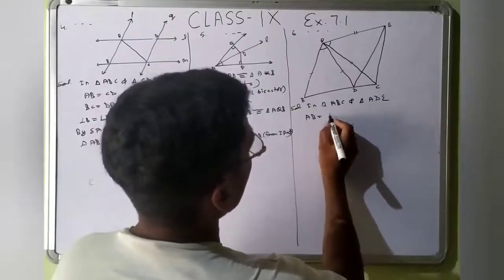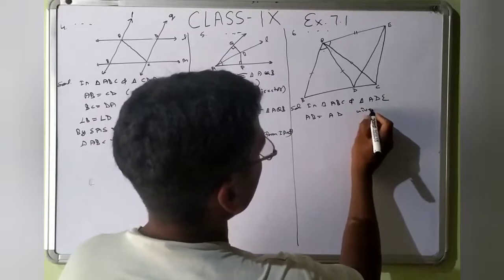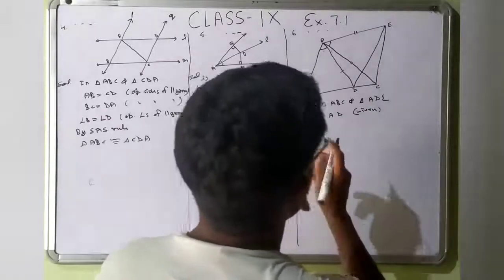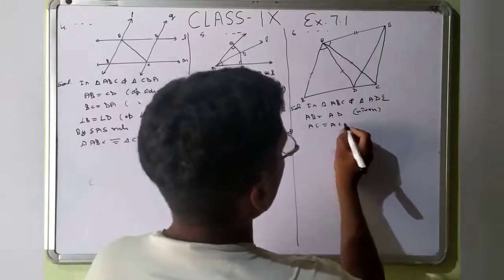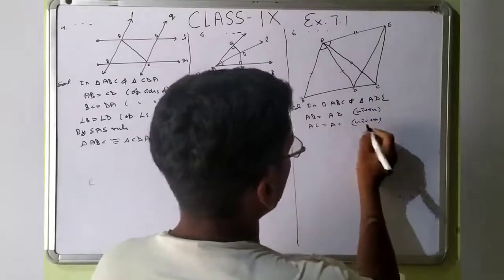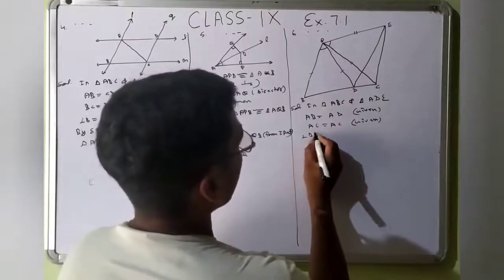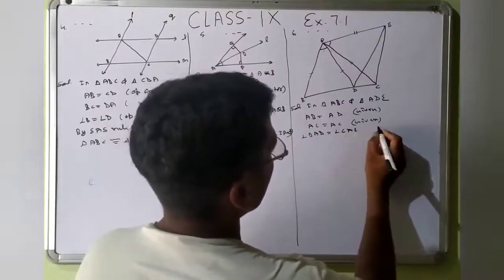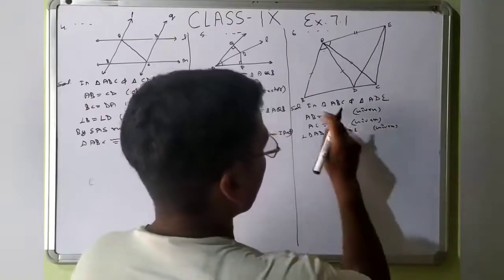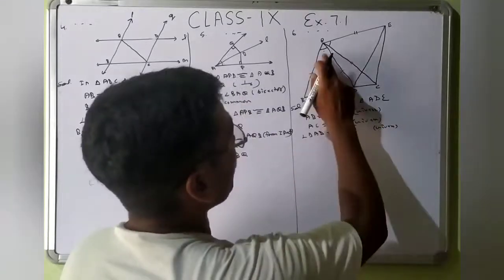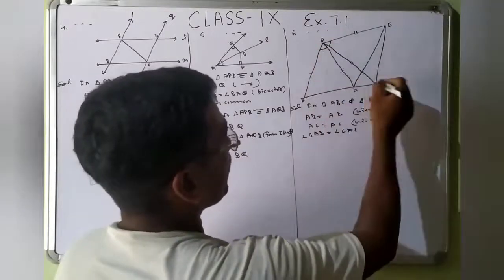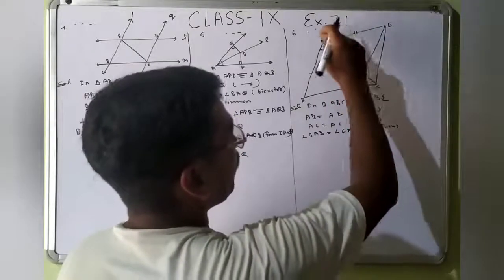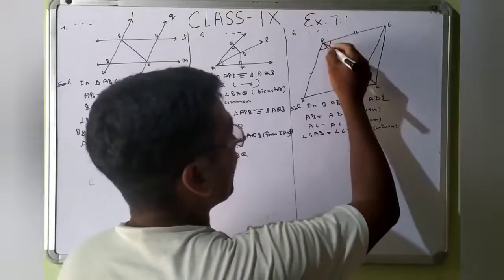AB is equal to AD given, right? AC is equal to AE also given. Angle BAD is equal to angle CAE also given. But we have three things here. But BAD is not sufficient for triangle ABC. This angle is left. For triangle ADE also, this angle is left.